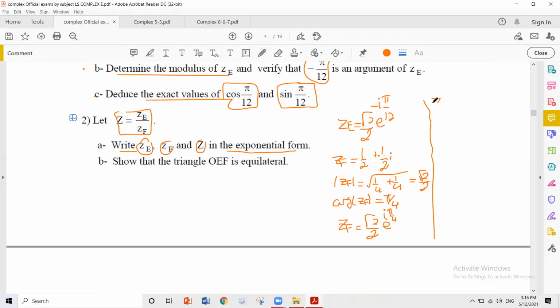Z, how to write Z in the exponential form? Z equal ZE over ZF equals radical 2 over 2 E minus I pi over 12 over radical 2 over 2 EI pi over 4.